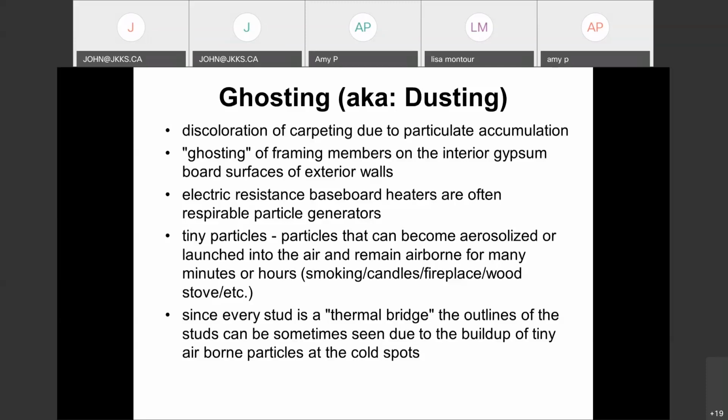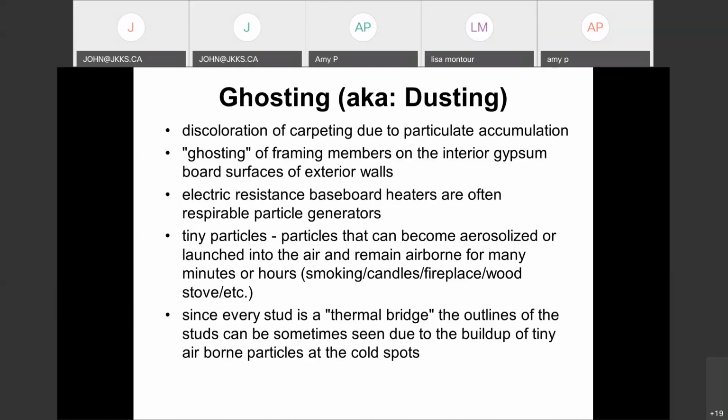And really what it is, is tiny particles that become aerosolized or launched into the air and remain airborne for many minutes or hours. Some other causes could be smoking, candles, the fireplace, a wood stove, anything that generates some type of dirt or soot that can become airborne.